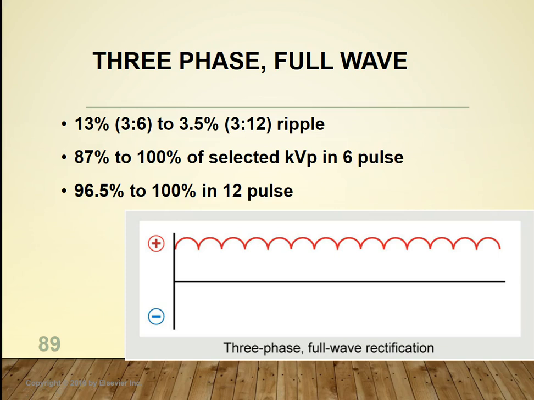This means X-rays produced now have anywhere from 87 to 100% of the selected kVp in a 6 pulse. So in this 6, you could have as much as 13% ripple, but you could have as little as 0. So you could actually use at least 87% and almost 100% if you have 6 pulses.